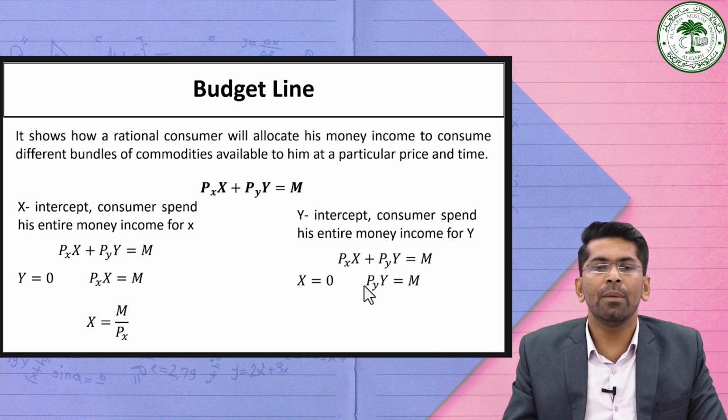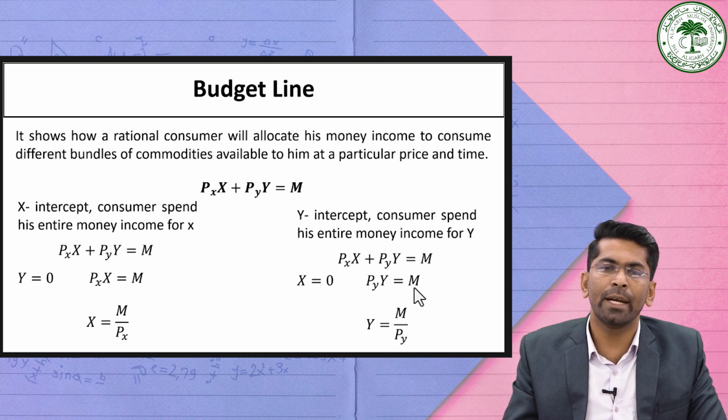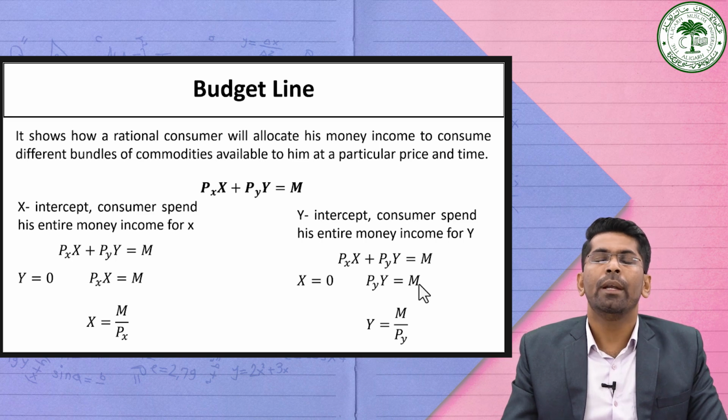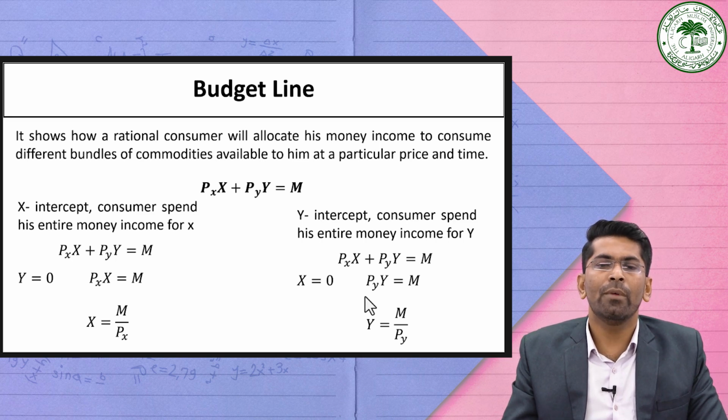Then if you divide both sides of the equation by Py, we can isolate Y as well. So Py into Y divided by Py is equal to M divided by Py. Py will be cancelled out, and what is remaining here? Y is equal to M upon Py.